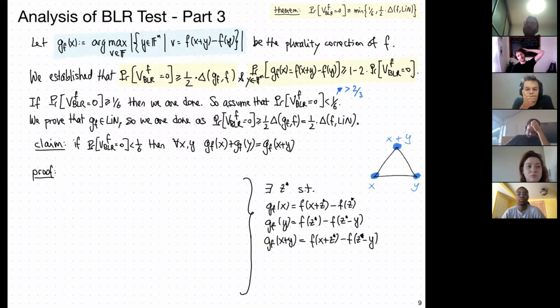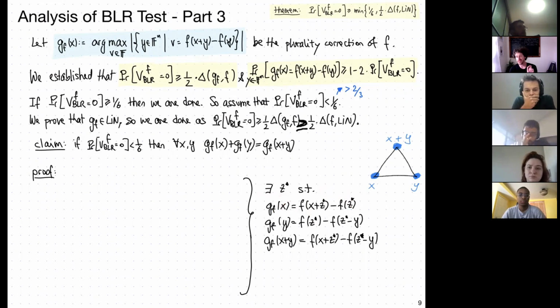What do I mean by the triangle? We'll want to argue the following: how can we prove that the function is linear? So the idea is, let's consider this auxiliary variable z, a variable that you don't really need, but we can argue about it. Suppose I have a function g of f of x, and there exists this vote which would lead me to the value of g, which would correct to g of f of x.